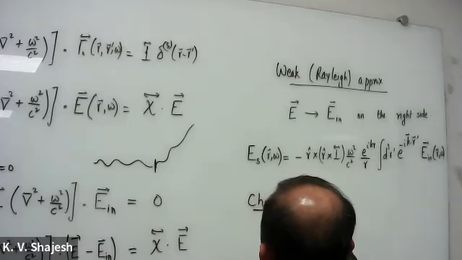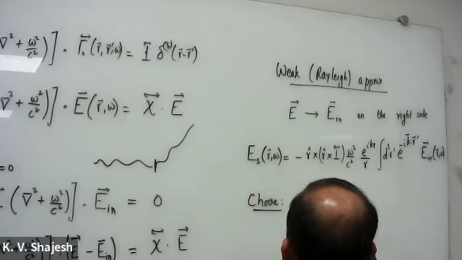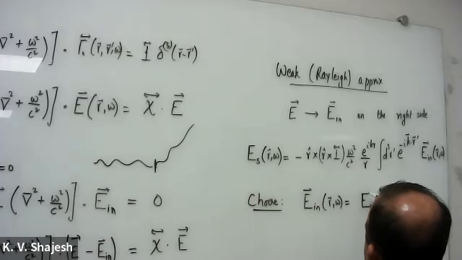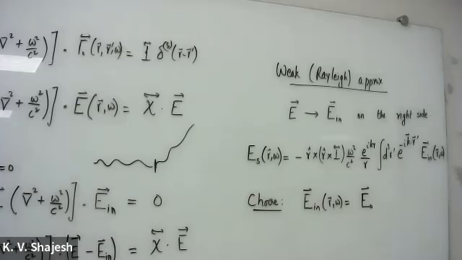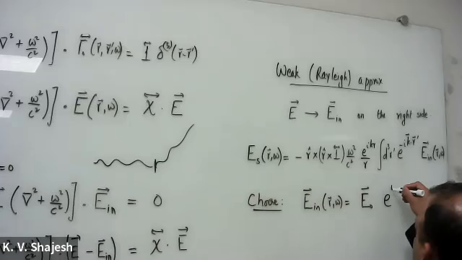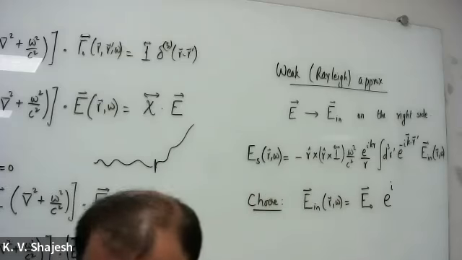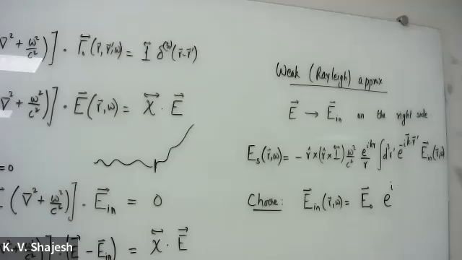Choose E incident of omega to be equal to E0, a constant, that's the amplitude of the oscillation, times exponential of i k, K0, I guess. What should I write?